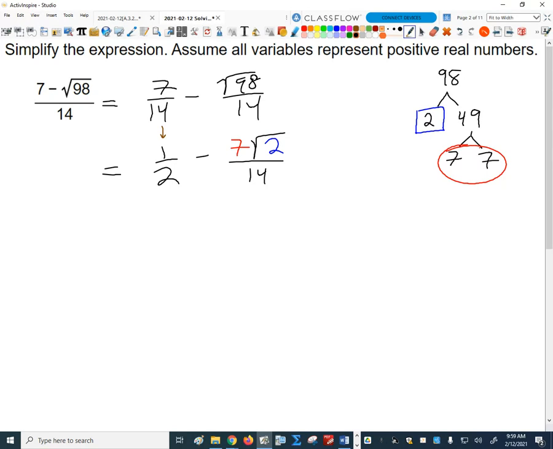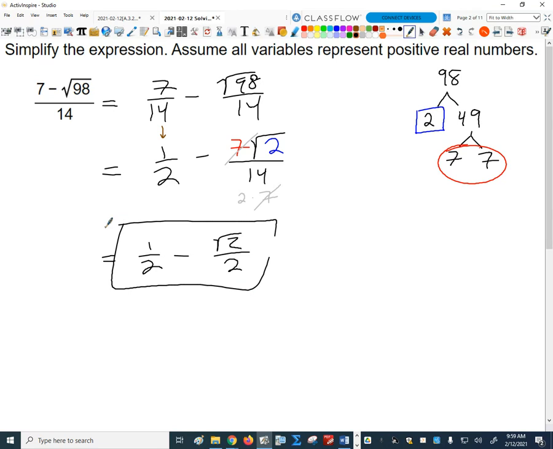So we can cancel like factors, right? I can vertically cancel like factors, and 7 is a factor of 14. So I'm going to think of the 14 as being a 2 times 7, and I'm canceling the 7. And so our final answer looks like 1/2 minus the square root of 2 over 2, since the 7 cancels top and bottom. There's our answer. Okay, everybody good?